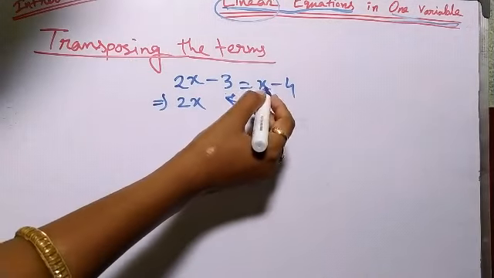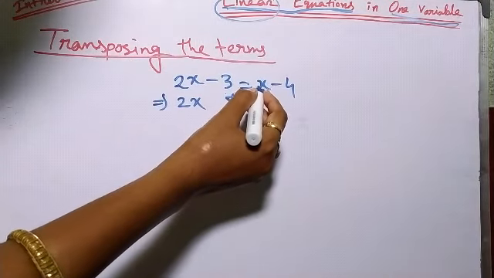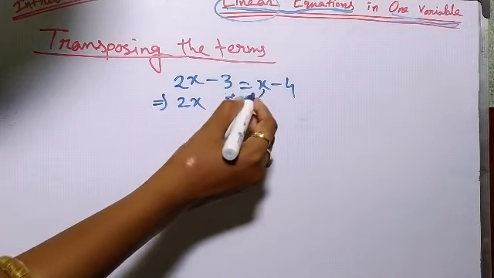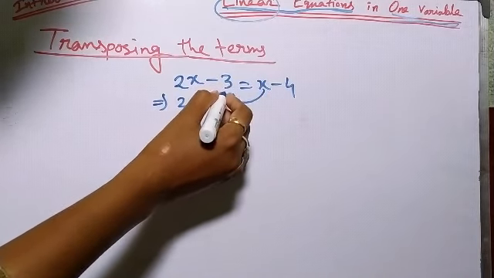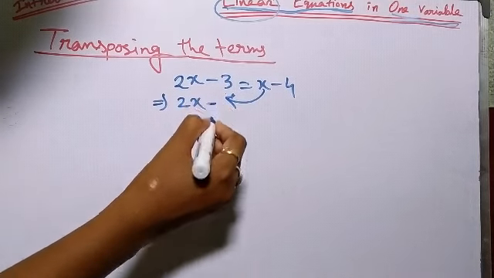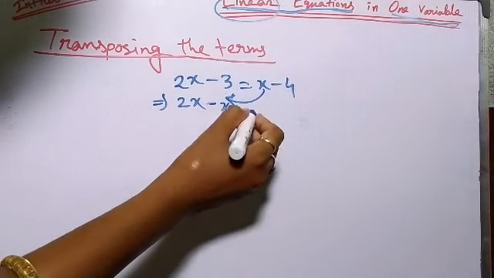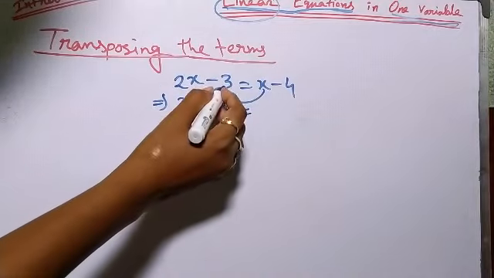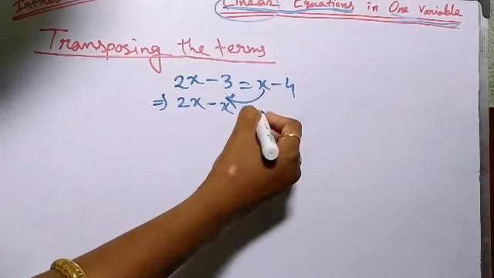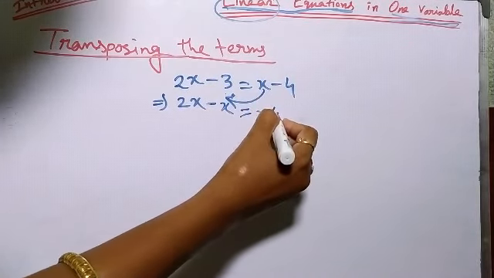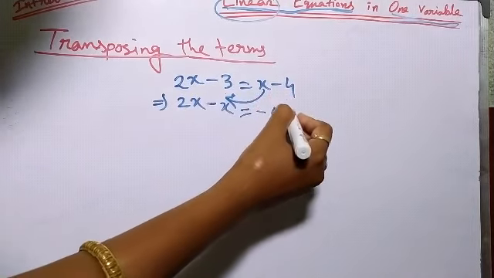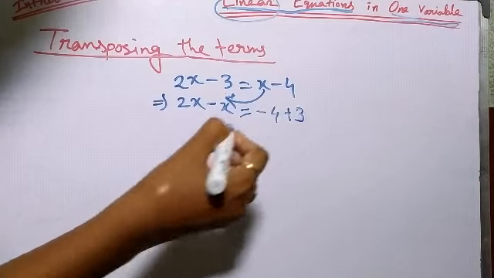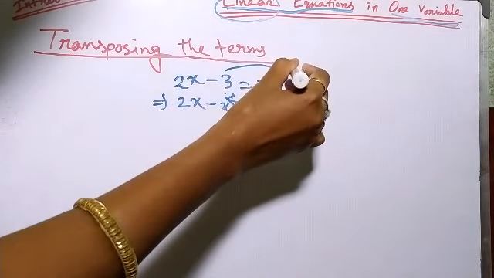That means by changing the sign, here before x a plus sign is given, so when x comes to the opposite side of the equal to sign, then that will be minus, that means minus x, then equal to, and this constant term will go this side, that means minus 4 is here already given, then that minus 3 will go that side, that means it will be plus 3, this will go this side.